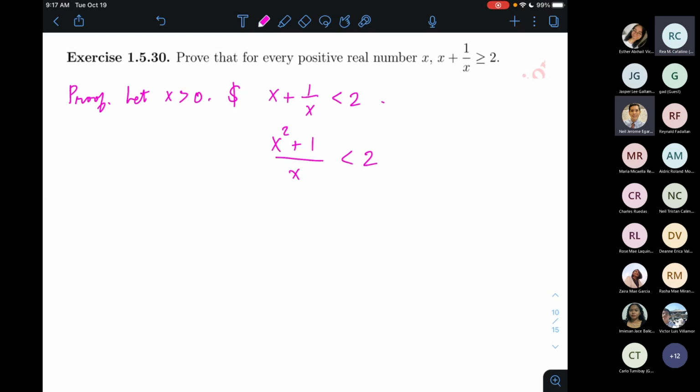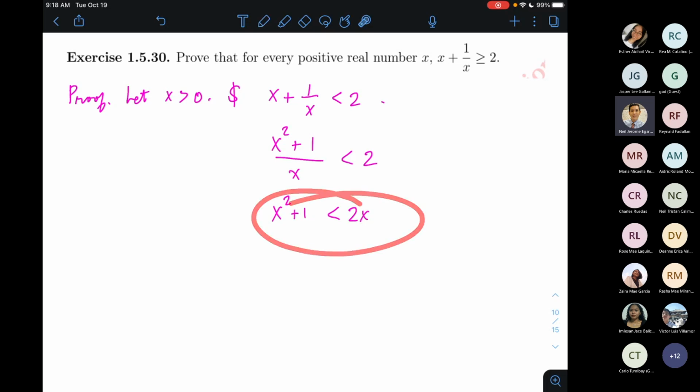Ay, sorry po sir. Ako po pala. Pwede pong i-multiply yung x both sides para po mag-cancel po yung denominator. Okay. And thank you, Rhea. Why am I allowed to do that? Paano ko to nakuha? Alright. Mary Rose.